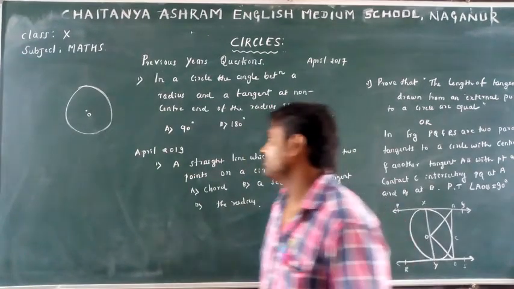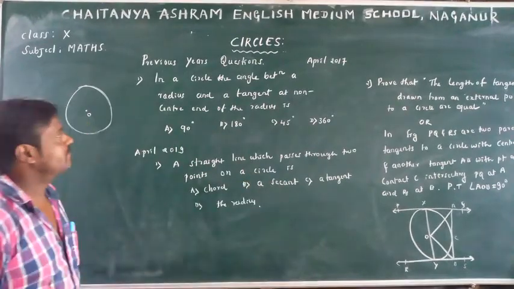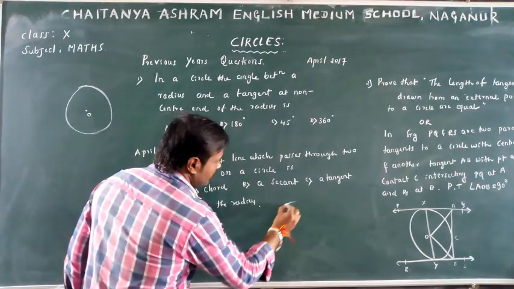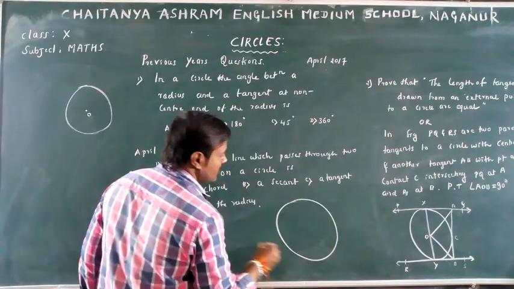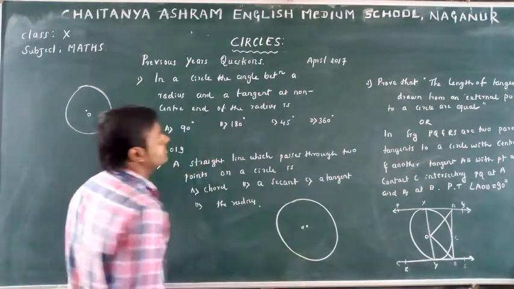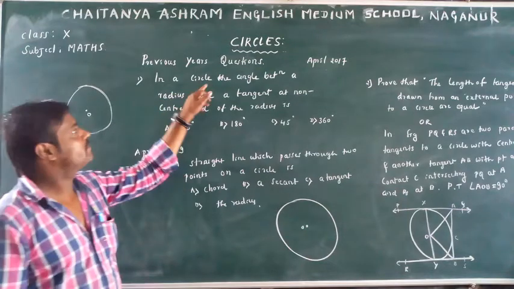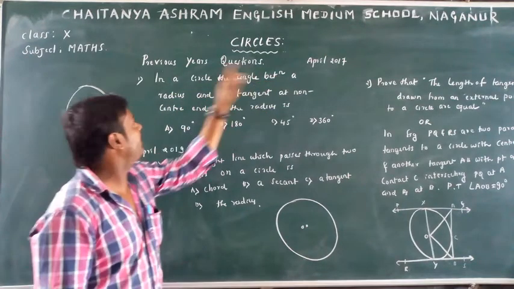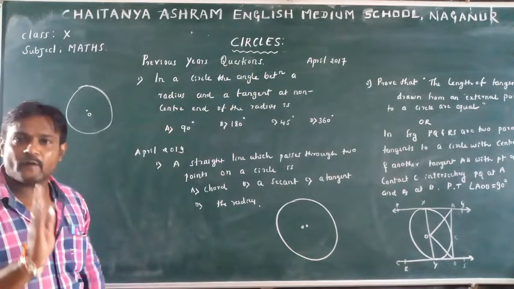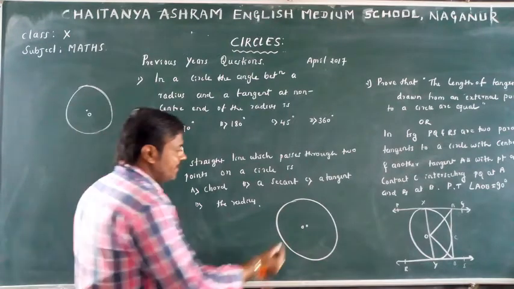Now observe, I will draw that circle here, with center O. In a circle, the angle between a radius, so means we draw a radius.